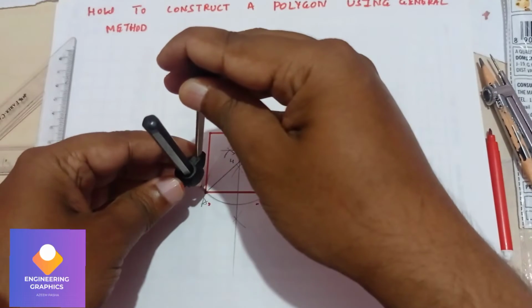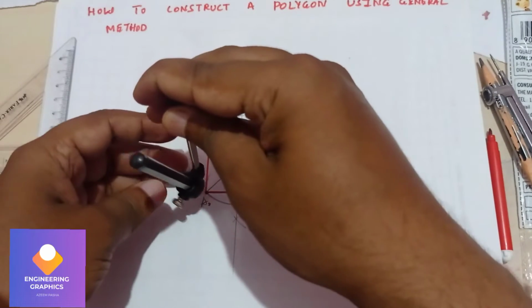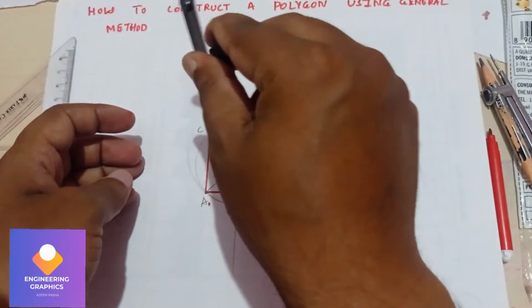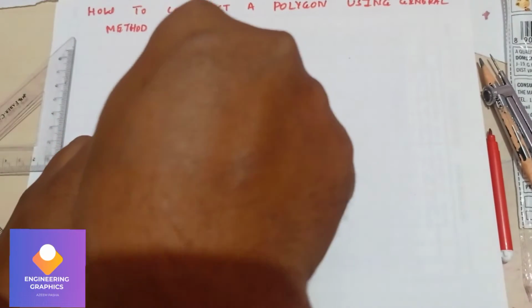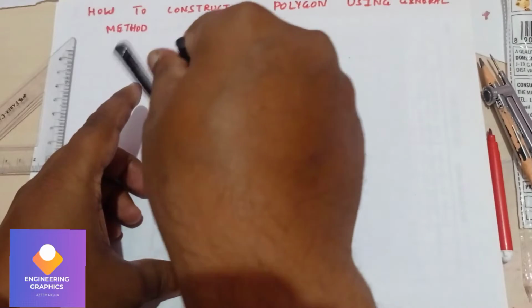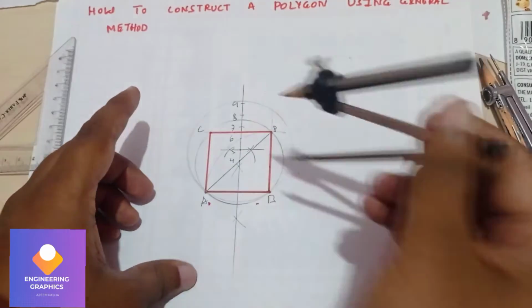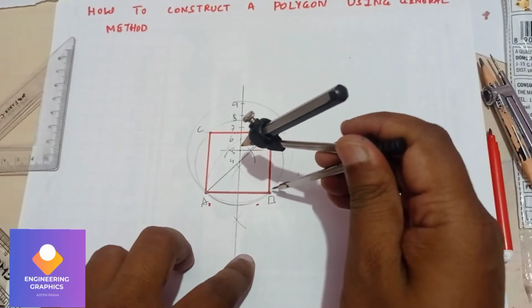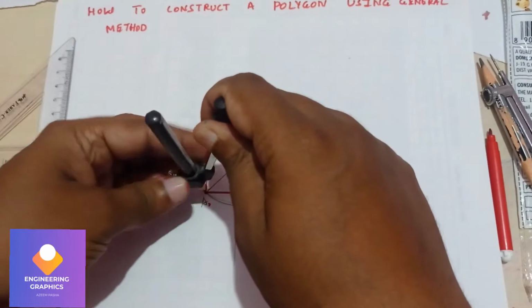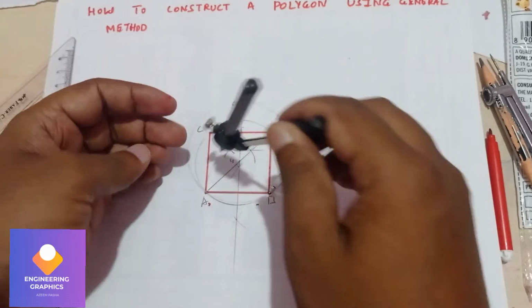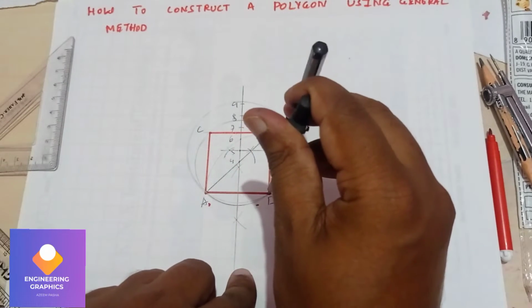I think I have taken a little bit more, so we need to be careful here. If there is a little bit of difference, we will not get the exact shape of the polygon. After drawing a circle, measure exactly 40 mm and start cutting the arcs.